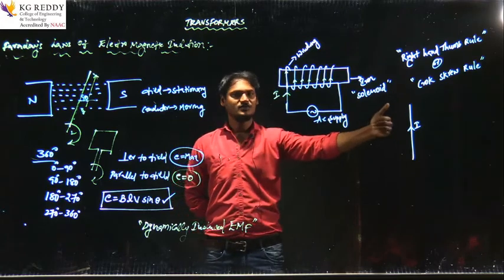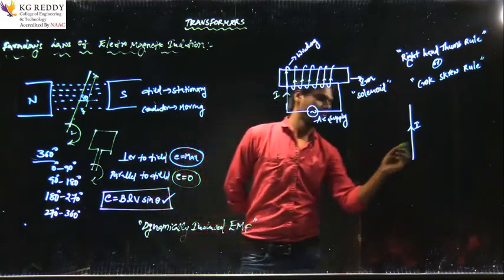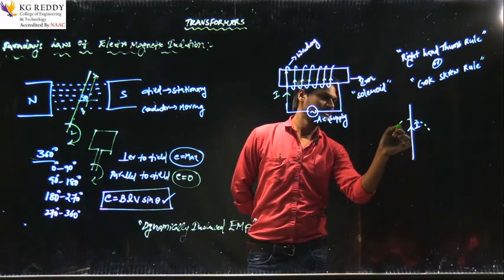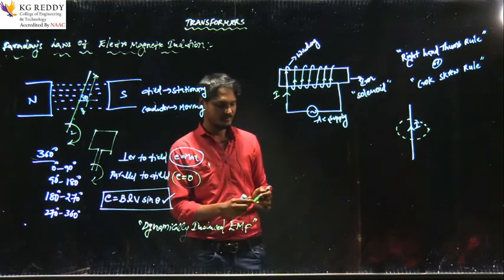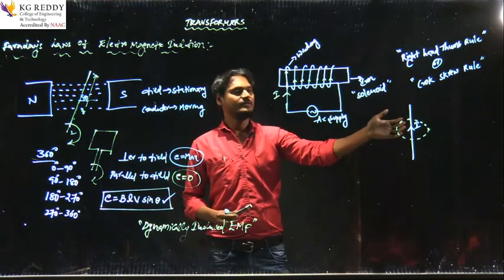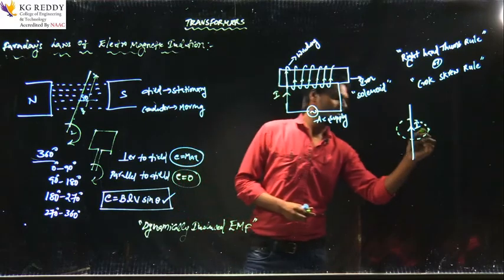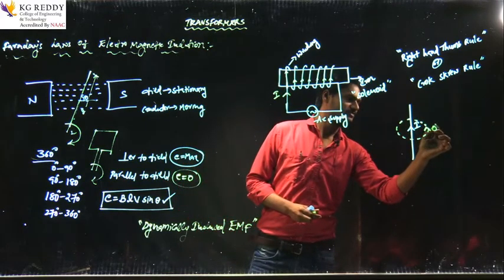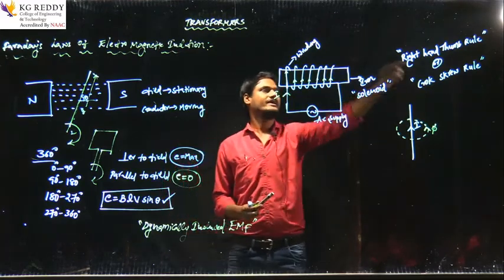Is it clear? Now I am drawing the direction of flux lines. How is it to be? It is inwards, it is inside. So the direction of the flux will be like this, and we can call this the right hand thumb rule.